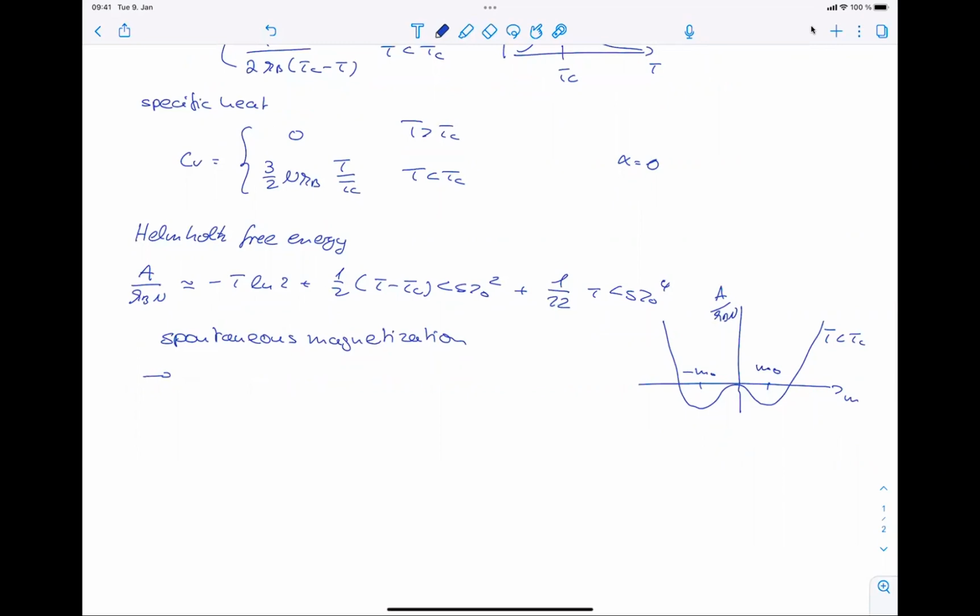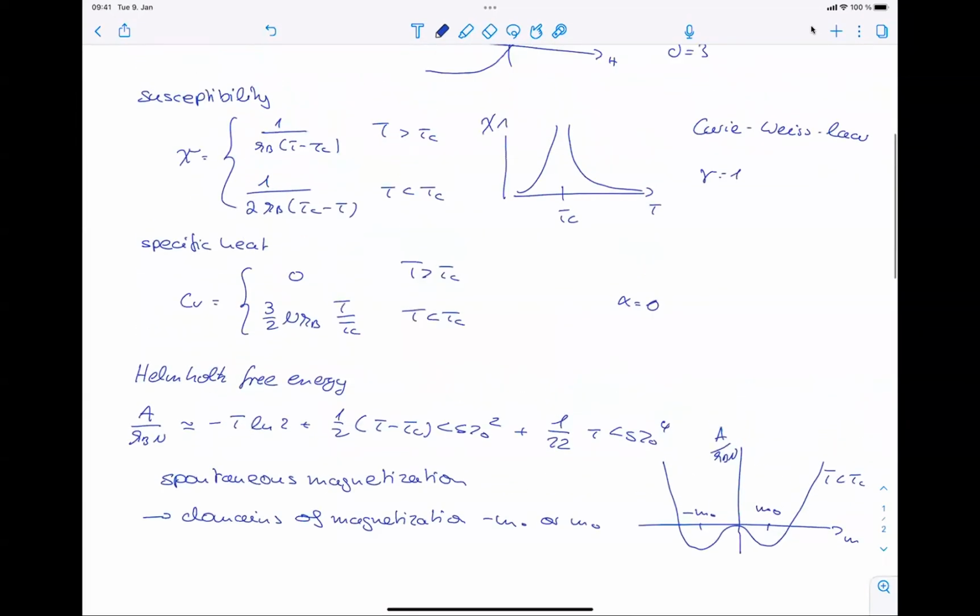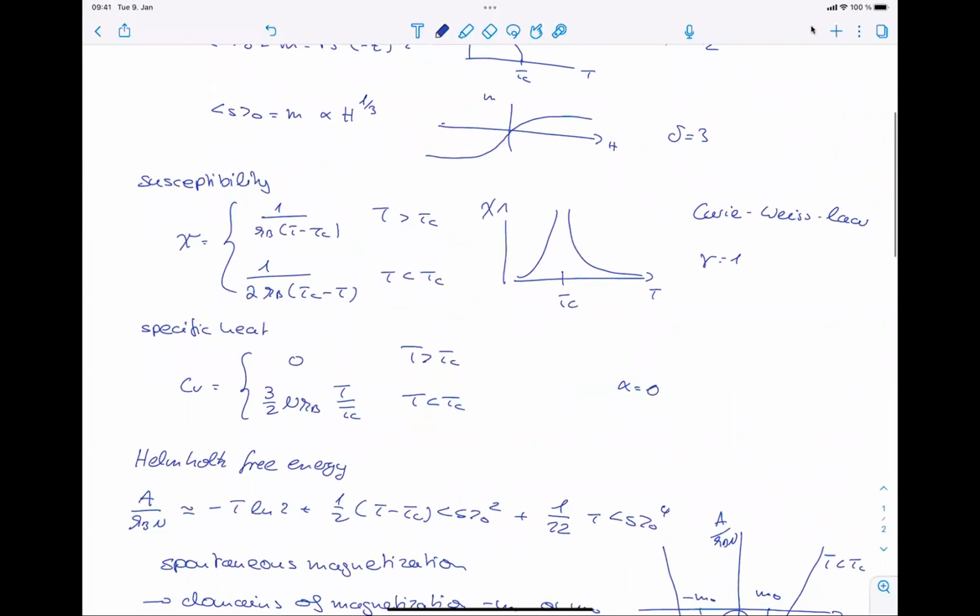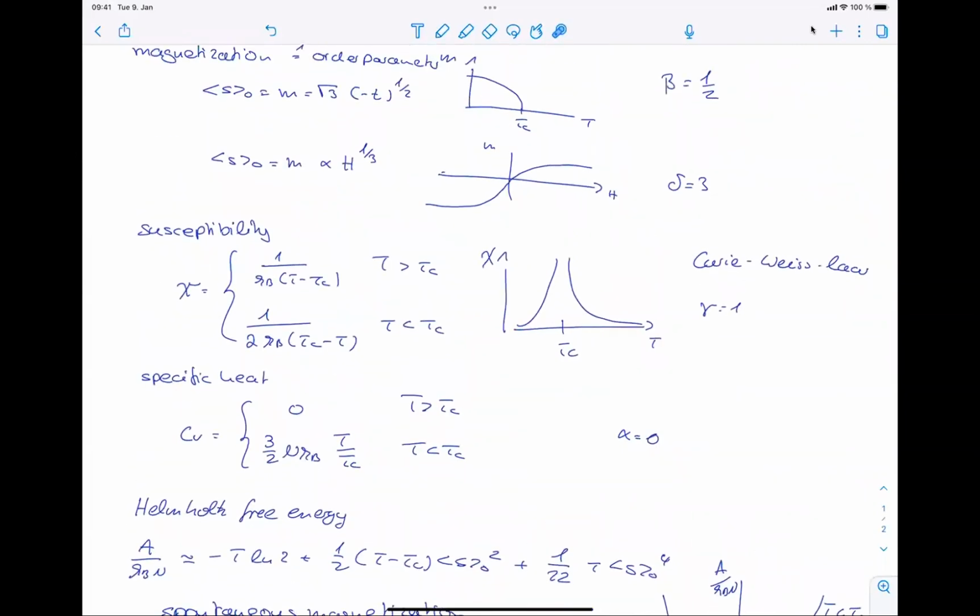But we also expect, since they both have the same minima, to observe domains of magnetization that are either minus m0 or m0, that shrink in size or grow, like, you know, the ratio of them then grows to this entire system as we go down with the temperature, right?